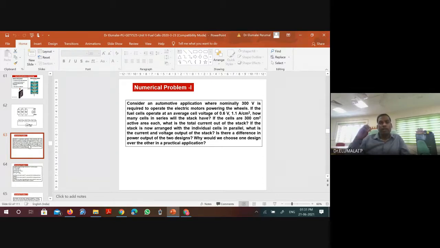How many cells are required in series? That is one problem. Now if you connect the same stack in parallel, what is the current and the voltage you can get? Please try. If anybody has already tried, you can share your screen.